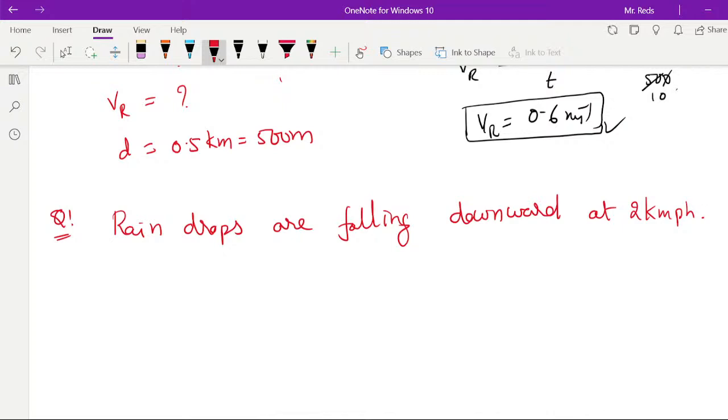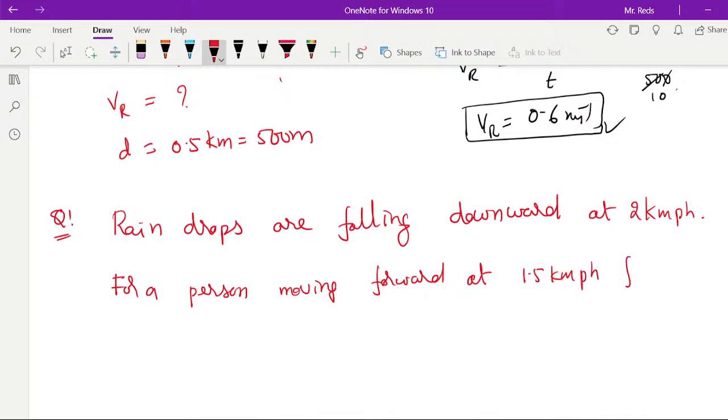For a person moving forward at 1.5 kilometer per hour feels the rain falling at... copy it, everyone quickly.